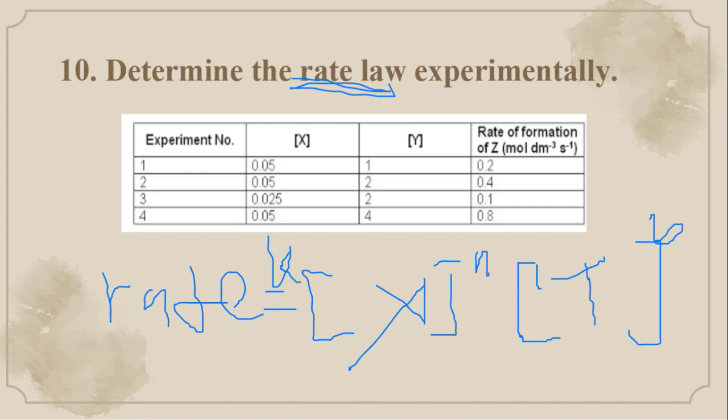So between experiment 1 and 2, x stays the same, while y doubles. So what happens here to the rate? It also doubles. So what would be the order of y? Yeah, it's first order.